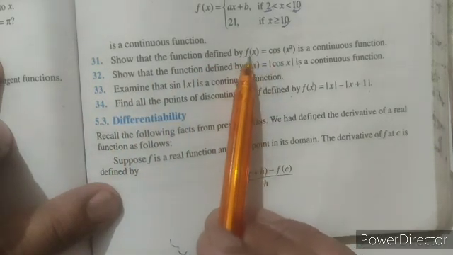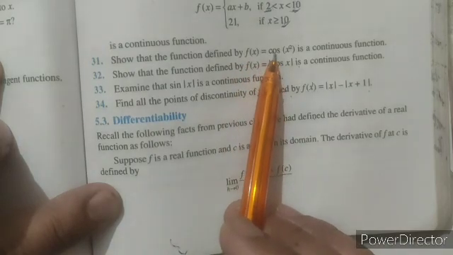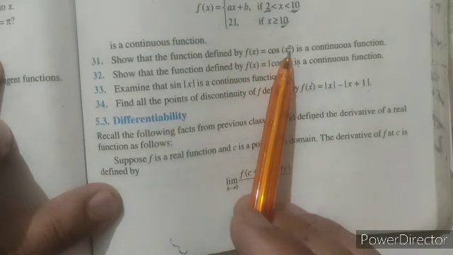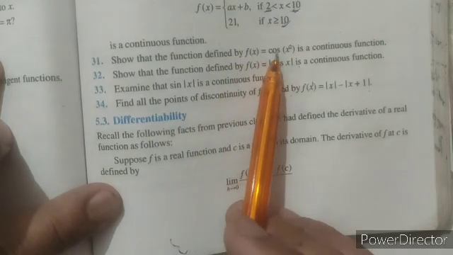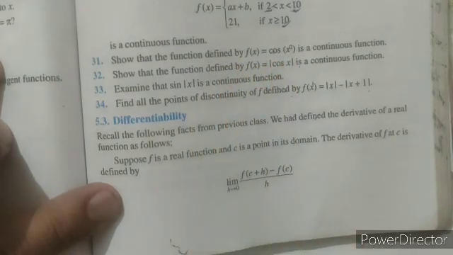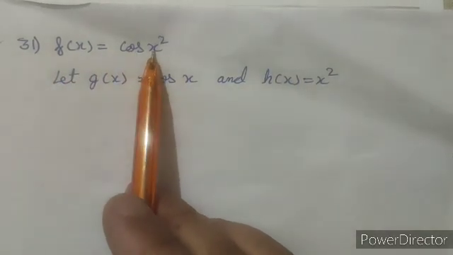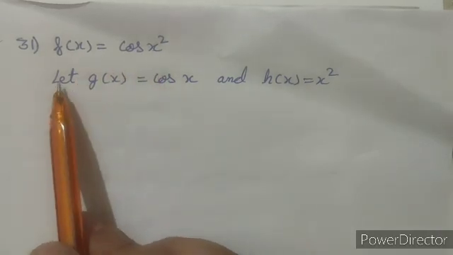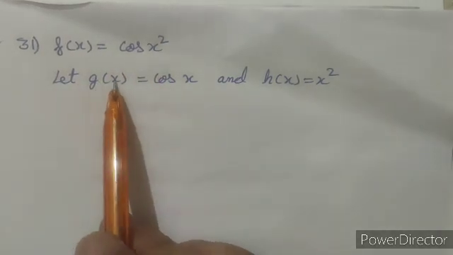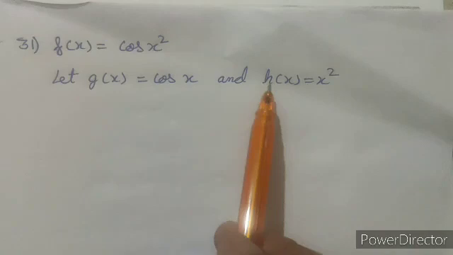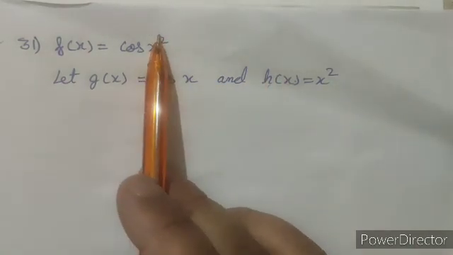Now here the function f(x) is given to us as cos x square, and we have to show that it is a continuous function. Here the function f(x) equal to cos x square is given to us, so we can take two functions. First, g(x) is cos x and h(x) is x square.